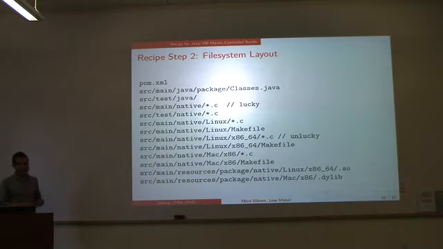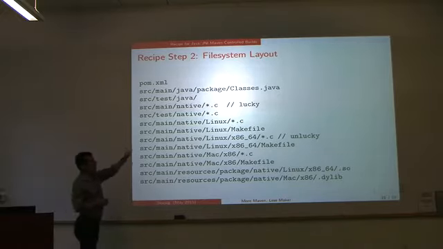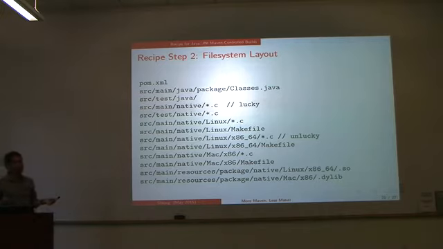So that was step one of my recipe, defining a generalized C function class loader. Step two was thinking of a file system layout adhering to Maven's standard directory structure as much as possible. So at the top is obviously the POM. My Java classes go in regular places, and my test cases go in regular places. Source main native is where I put my C code. If I'm lucky, the C code might be completely platform independent.